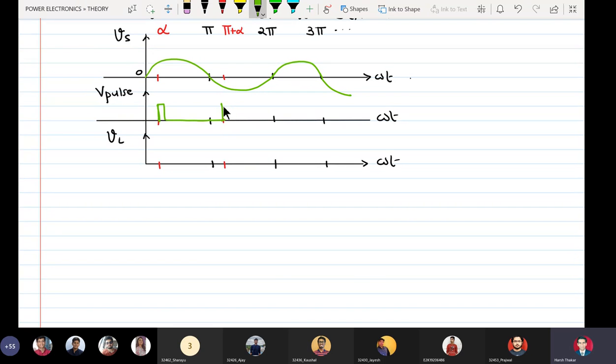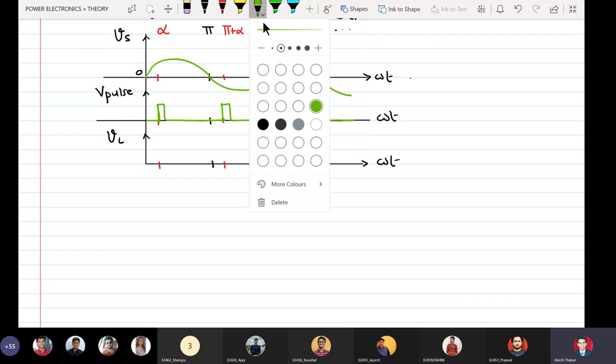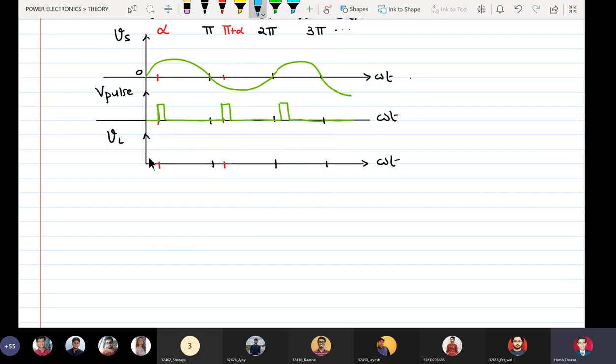Similarly, for negative half cycle, the firing pulse is generated like this. Similarly, here. Okay, and accordingly, my load voltage will be generated.